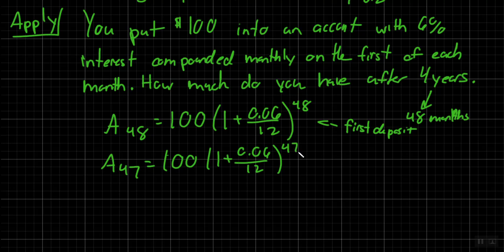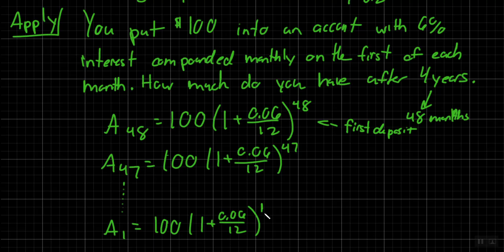And it keeps going on and on until we get to our very last deposit, 100 times (1 plus 0.06 over 12) to the 1. And that is the very first one.